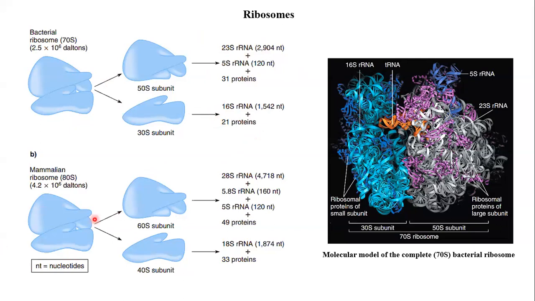And in eukaryotes, they have this 28S, 5.8S, and 5S rRNA in the large subunit and 18S RNA in the small subunit. But because we are doing the details of bacterial protein synthesis, these will come across more.